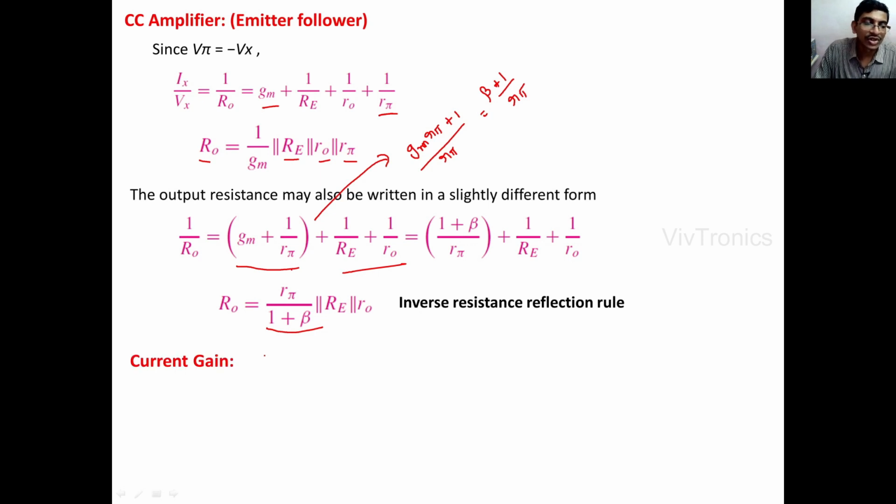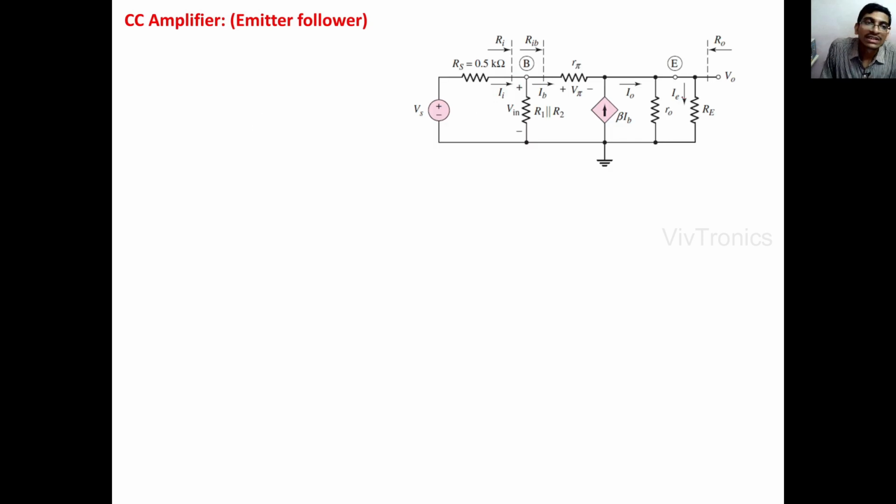And also we are going to get the current gain of the amplifier circuit. The current gain is the ratio of output current to the input current. From this equivalent circuit the output current is IE and the input current is Ii. Now we are going to get the input current Ii. In order to get Ii, I am going to apply the current division rule at the base node.